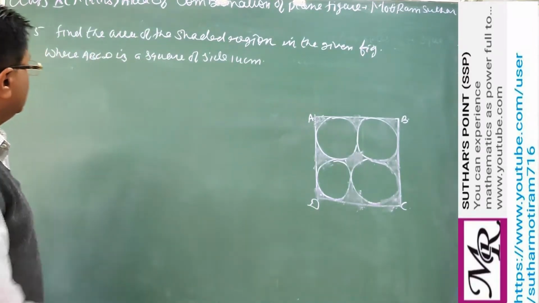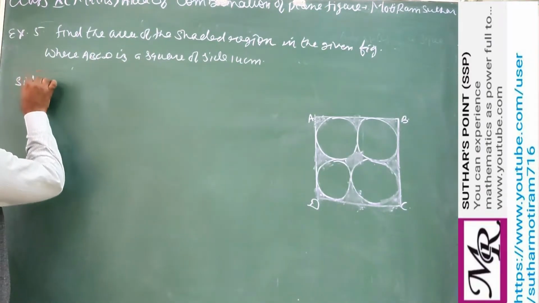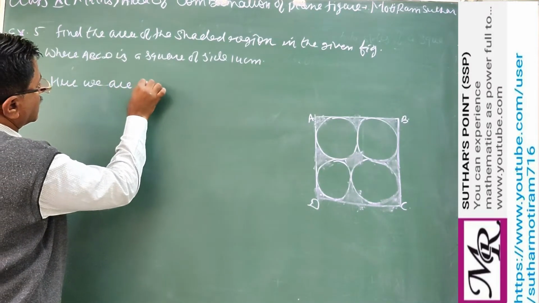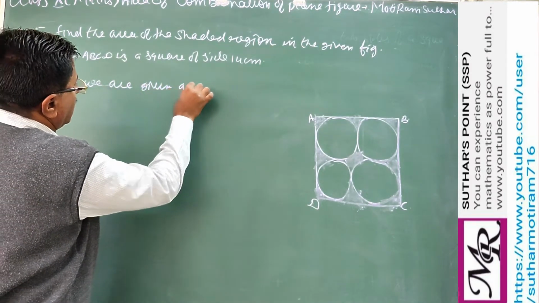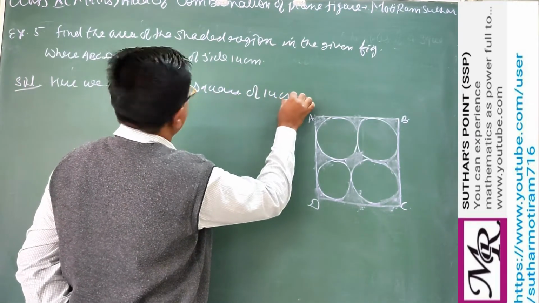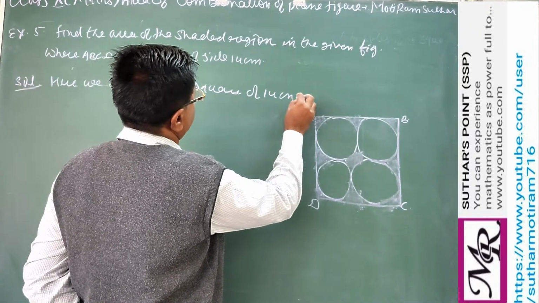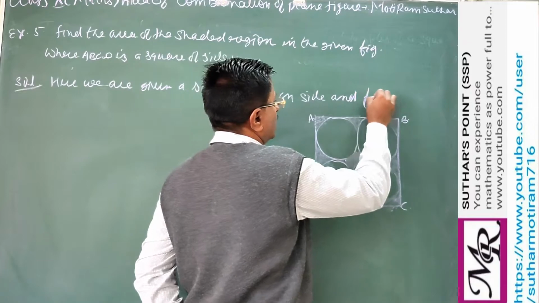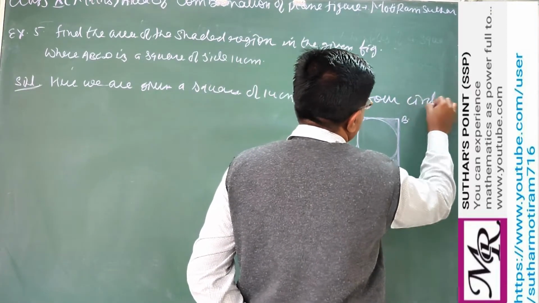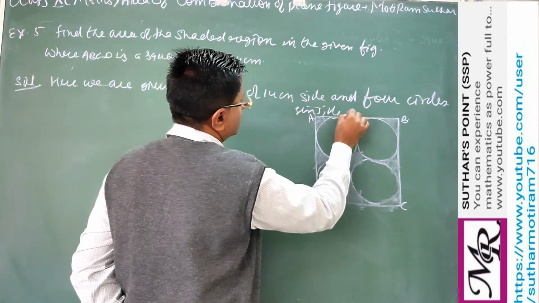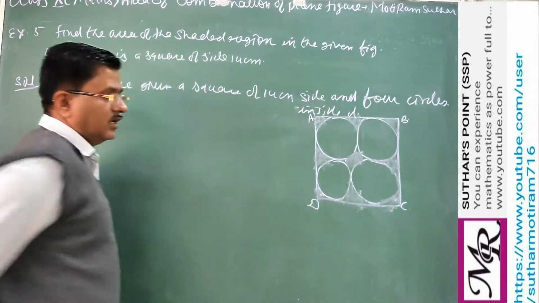So in the solution, write down: we are given a square of 14 centimeter side and 4 circles inside it.